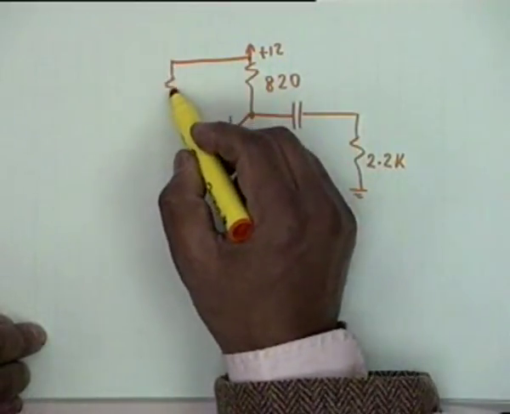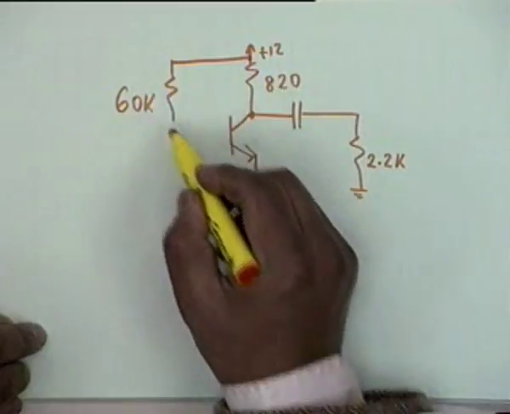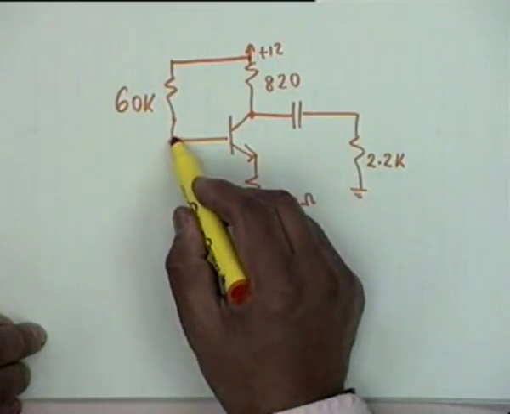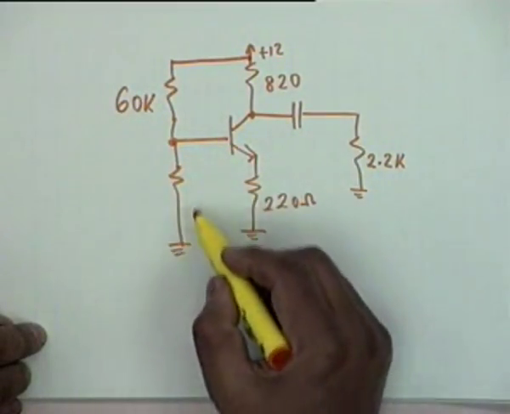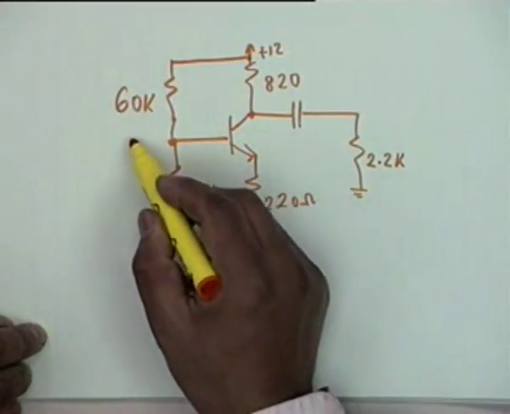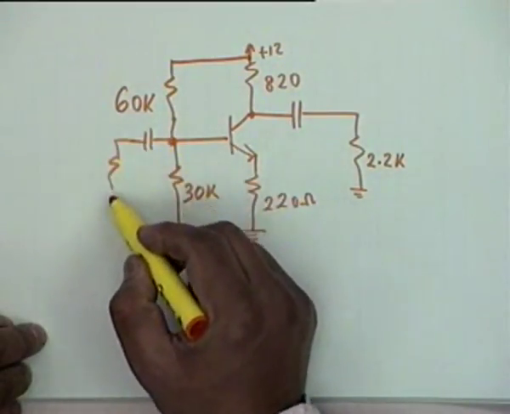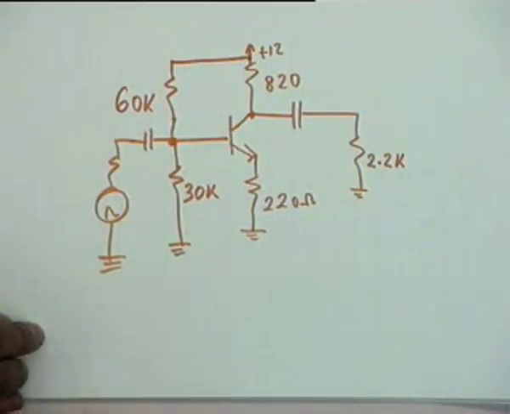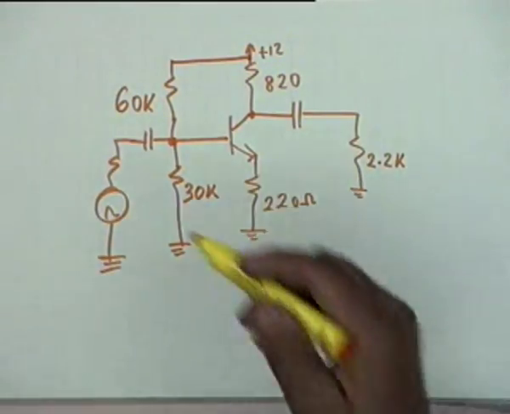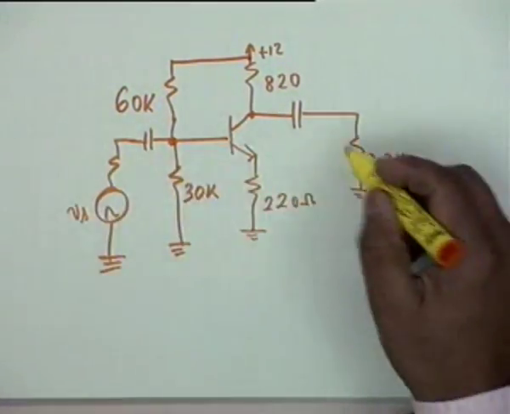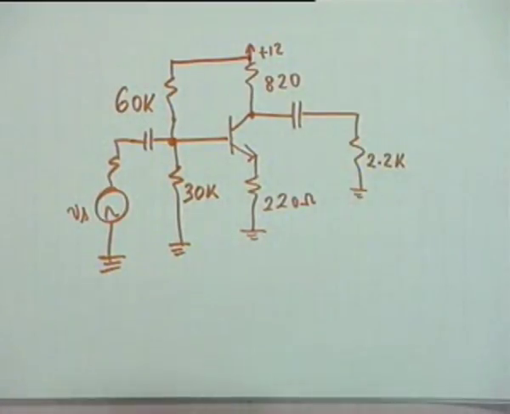The biasing is done through 60 K and 30 K. Of course, there is a capacitor here through which the signal source is connected. This is the input Vs and this is the output across the load.